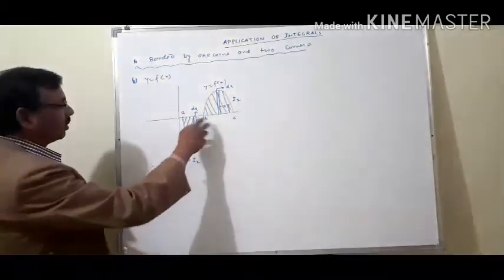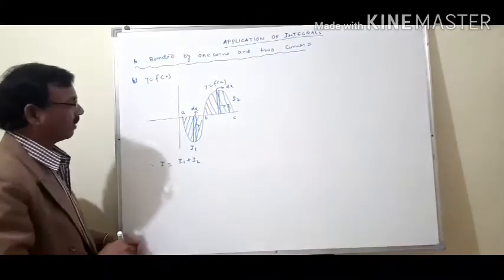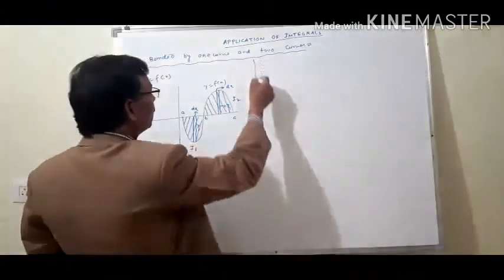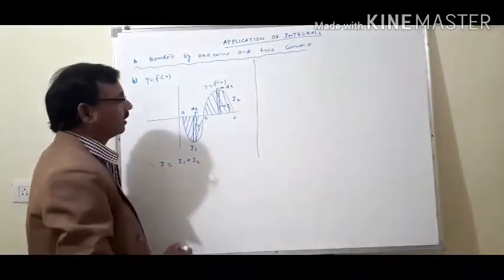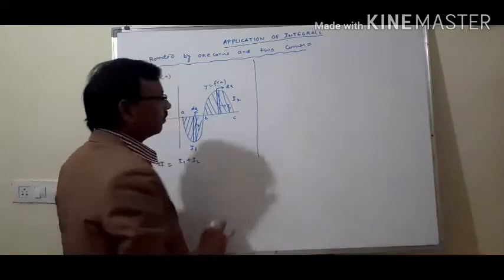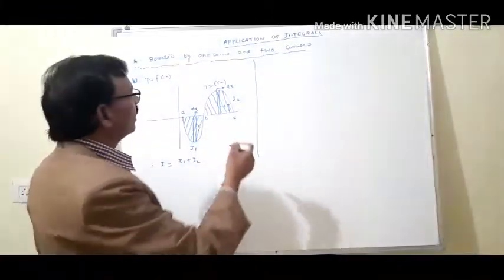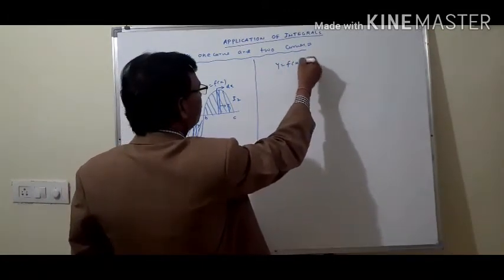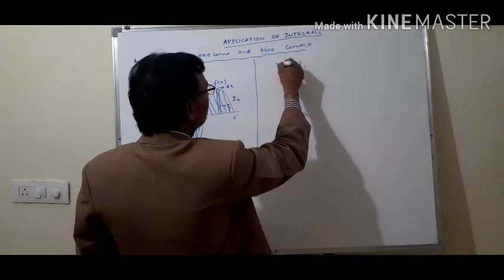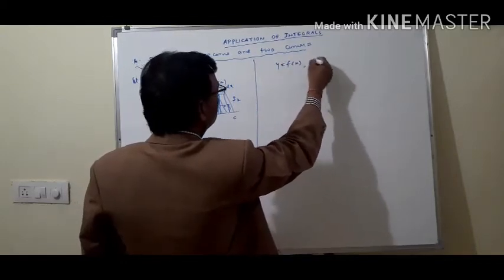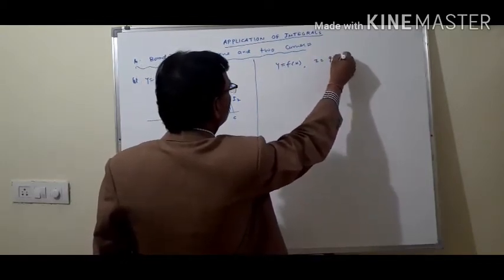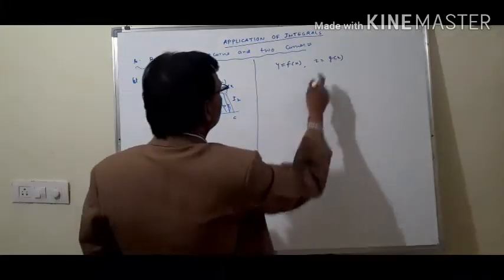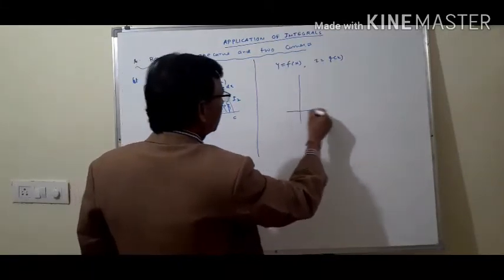How to find the area of both regions? We have already learned this in the previous slides. Now we will take two curves together and find the area bounded by both curves. Suppose y equal to f of x and y equal to g of x are two functions, two curves, and these curves intersect.